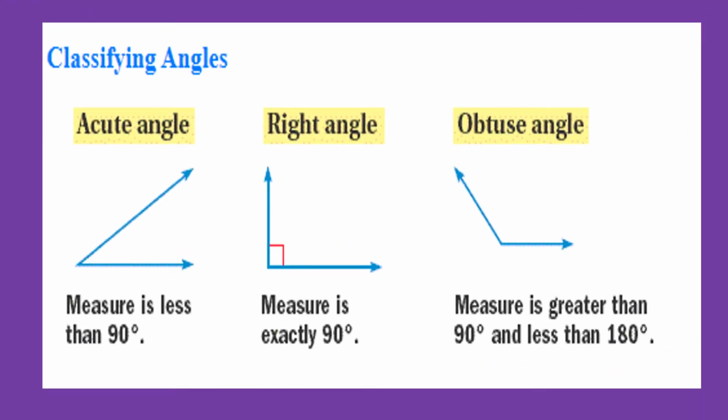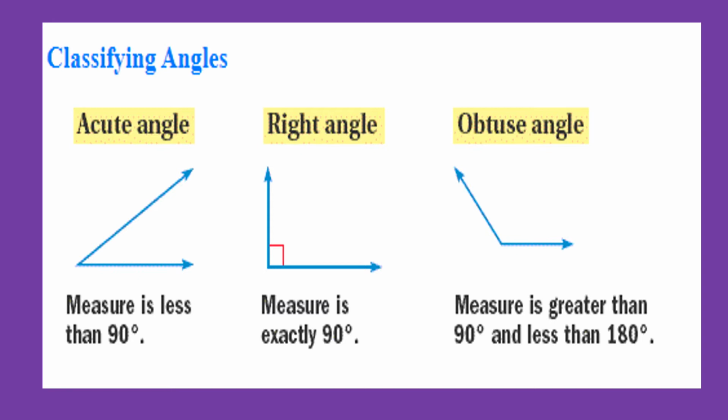Now we need to classify angles according to the given figure. We have an acute angle, a right angle, and an obtuse angle. How do we know whether the angle is acute? An angle is acute if its measure is less than 90 degrees.